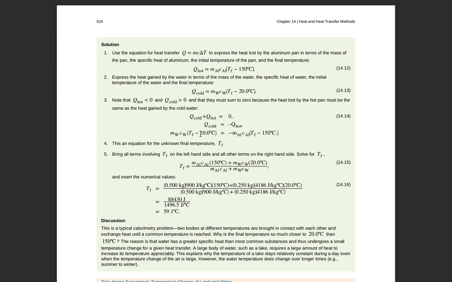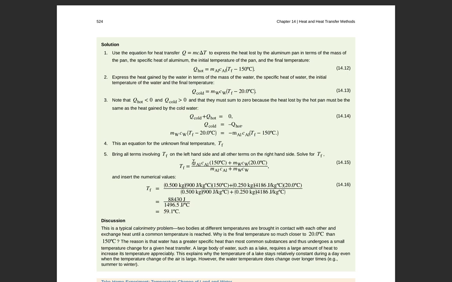So there's different ways you can go about this. You can go ahead and multiply everything out if you would like that. So that means multiplying MWCW times TF and your 20 degrees, and same thing over here. Or you can try to transfer one to the other side, however you want to tackle this problem.